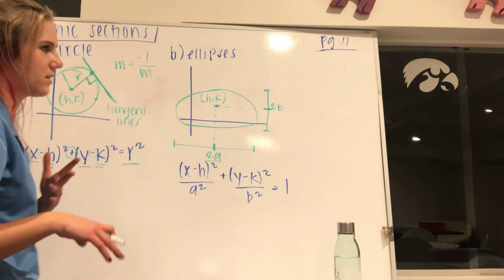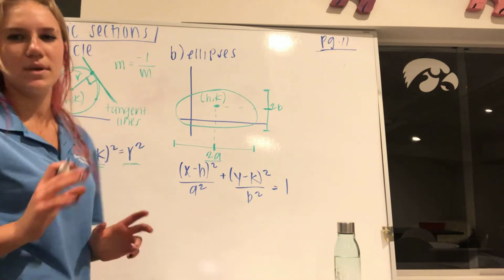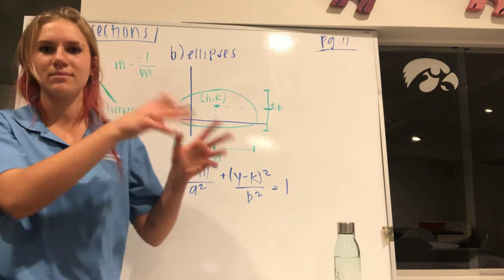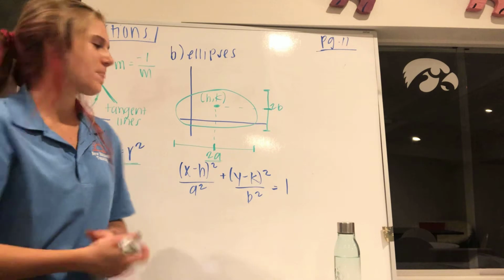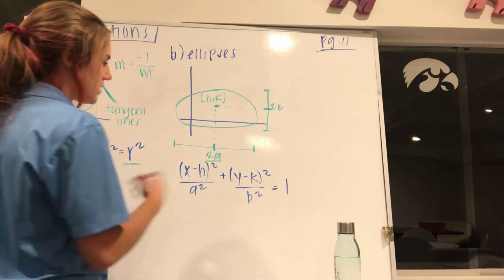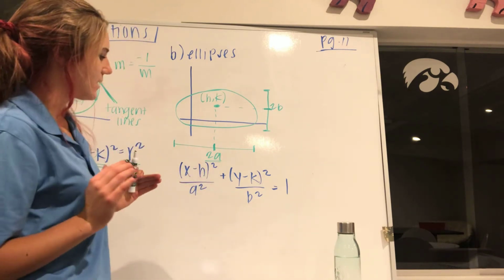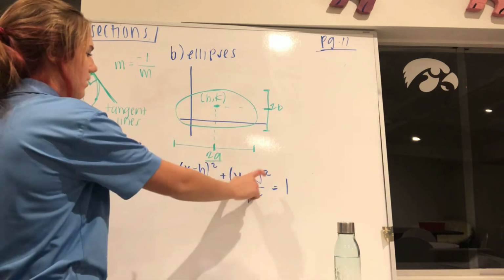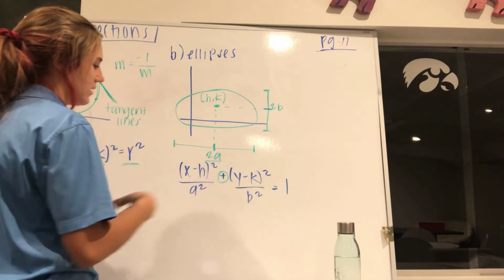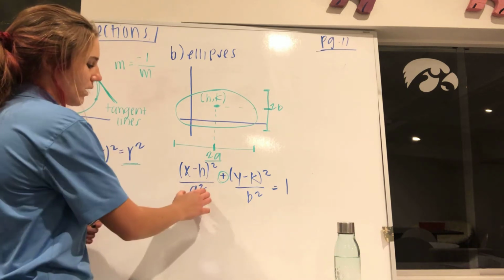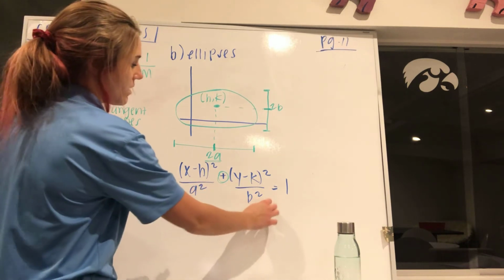We just have to remember bits and pieces and keep the distinctions in their distinct categories because you can't mix them up or else you're going to get the problem wrong. So yeah, we still have the quantity of x minus h squared and the quantity of y minus k squared. This time they're just being divided by whatever that a value is squared, whatever that b value is squared.